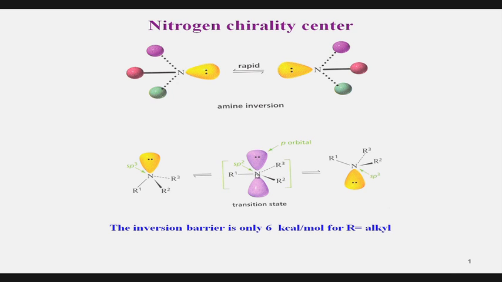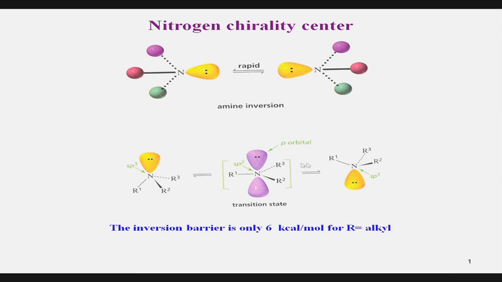It has lost chirality, but it regains chirality by changing the hybridization again to sp3, but putting the lone pair in the opposite direction. So, now the lone pair is occupying the bottom orbital, earlier it was at the top.